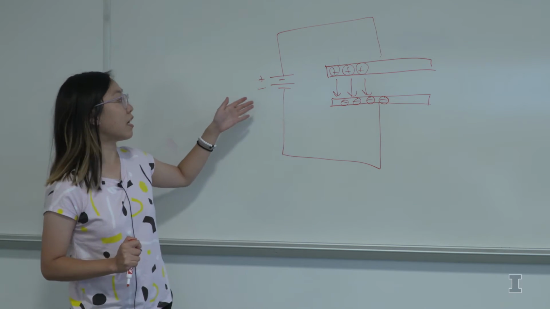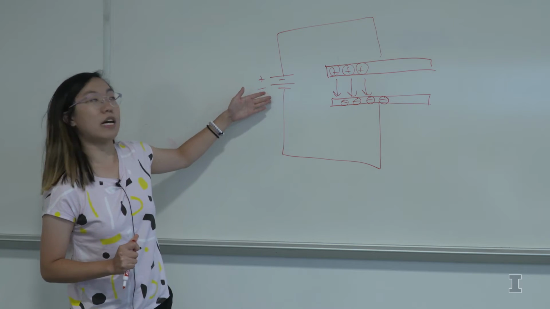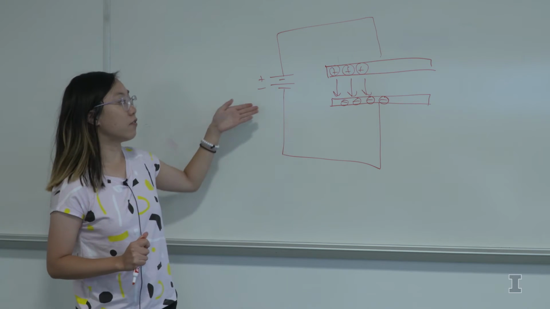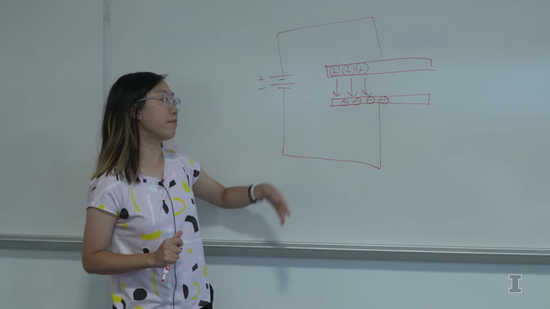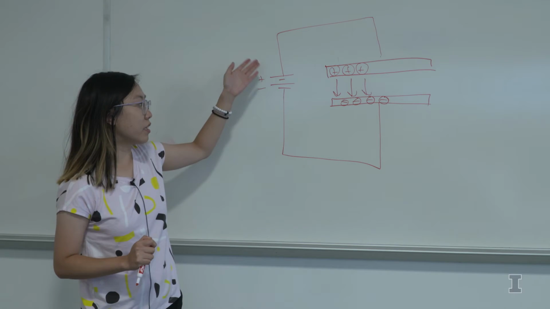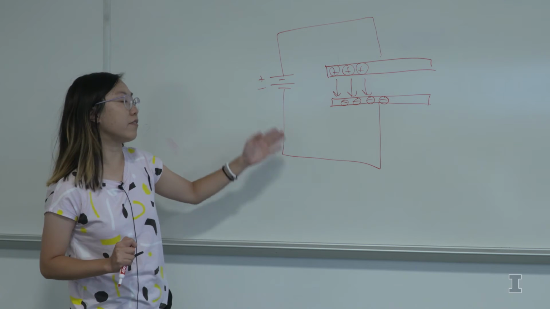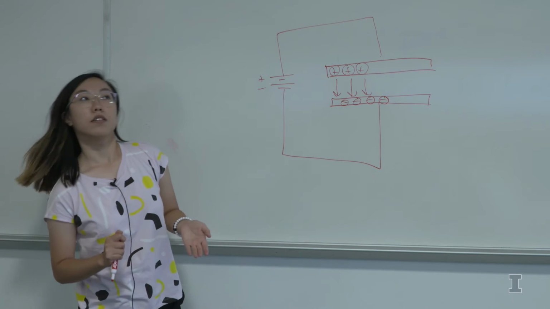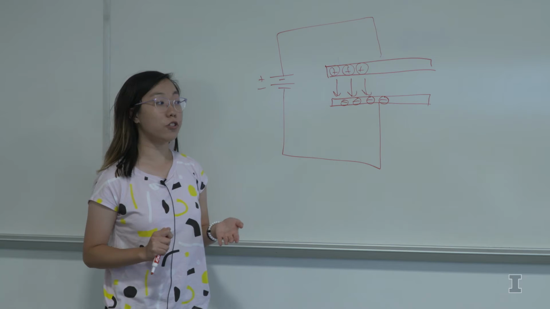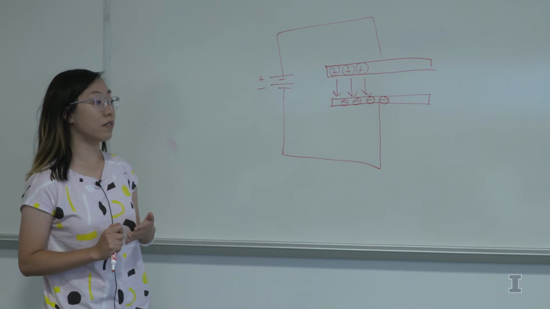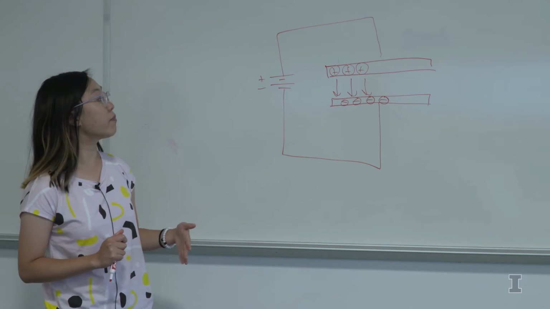Something to note is that when we have, say, a battery connected to these plates, it'll eventually reach an equilibrium. At some point there won't be any charges moving because the plate will have all the charges spread out evenly and they'll all be happy. For capacitors, we'll usually be using AC power sources, or alternating current.